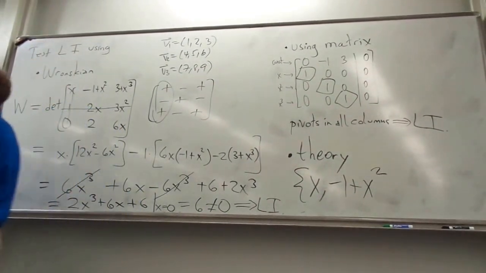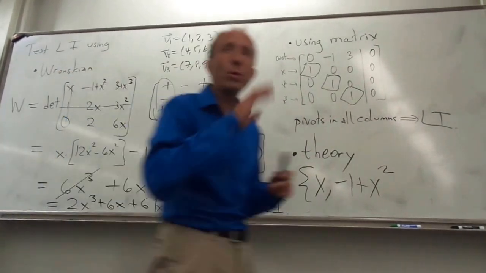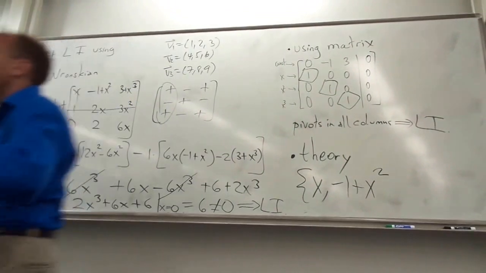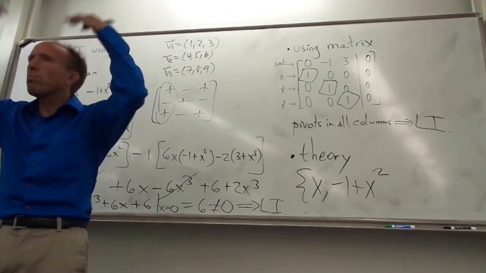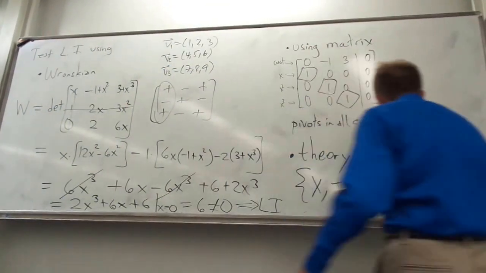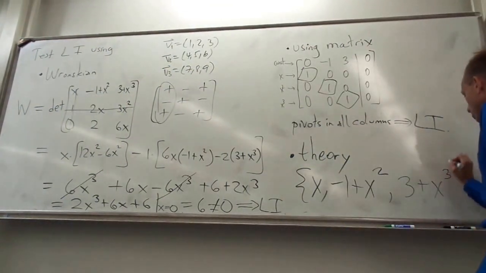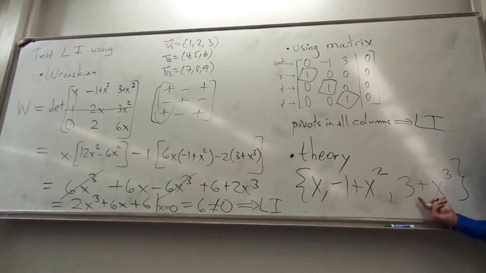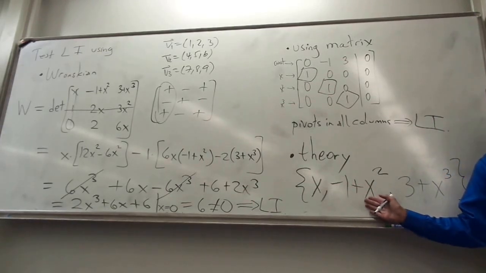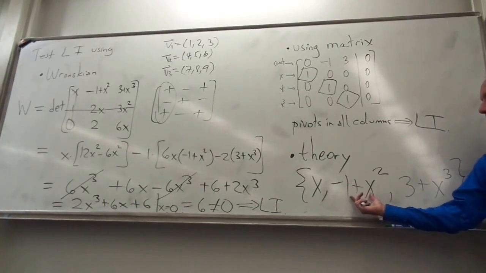Now, is there a way of writing the third one? So remember what LD means. LD means you can write one of your vectors in terms of the others, right? That's kind of the theoretical viewpoint of LD. Is there a way of writing 3 plus x cubed, which is our third vector, as a combination of these two? No. As a linear combination? Look at the first two, right?